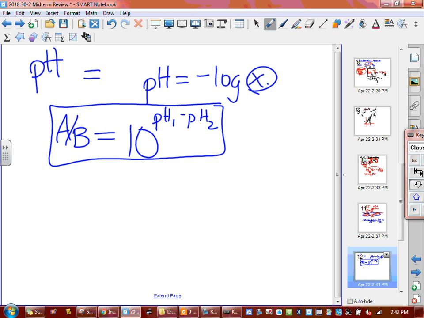And this is all you're doing. You're just subtracting the pHs and then writing 10 exponent that number. That's how you find how much more alkaline or acidic it is. And again, that's going to depend on where you put your digits, if they're asking about alkalinity or acidity and who they're comparing. It's very, very specific in the questions though.